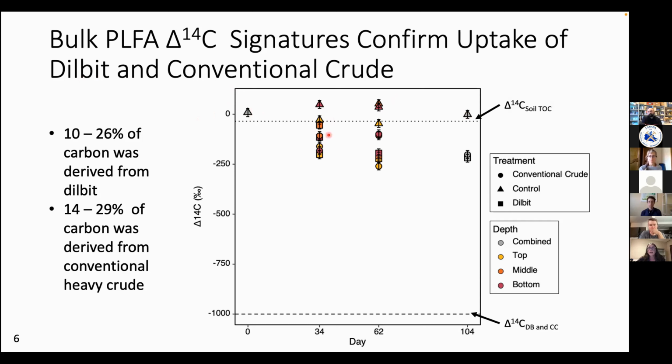In comparison, our dilbit and conventional crude get progressively more negative as the experiment goes on. And so we can see on day 104, there's a significant difference between the two oil-affected samples and the control, but we don't really see a significant difference between dilbit and conventional crude.